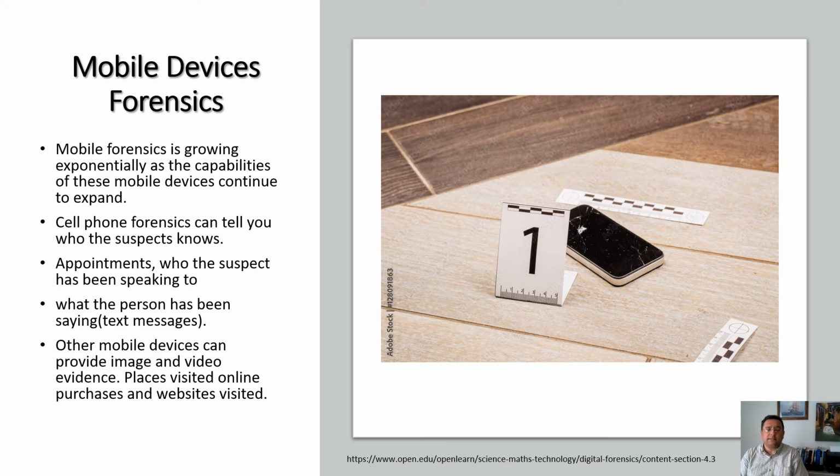And cell phone forensics can tell you who the suspect knows, appointments, who the suspect has been speaking to, and what the person has been saying. Other mobile devices can provide image and video evidence, places visited, online purchases, and websites visited.